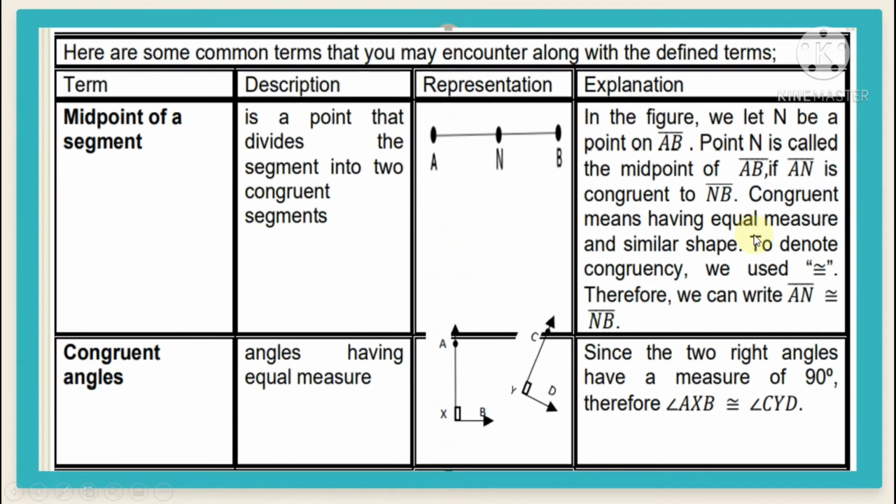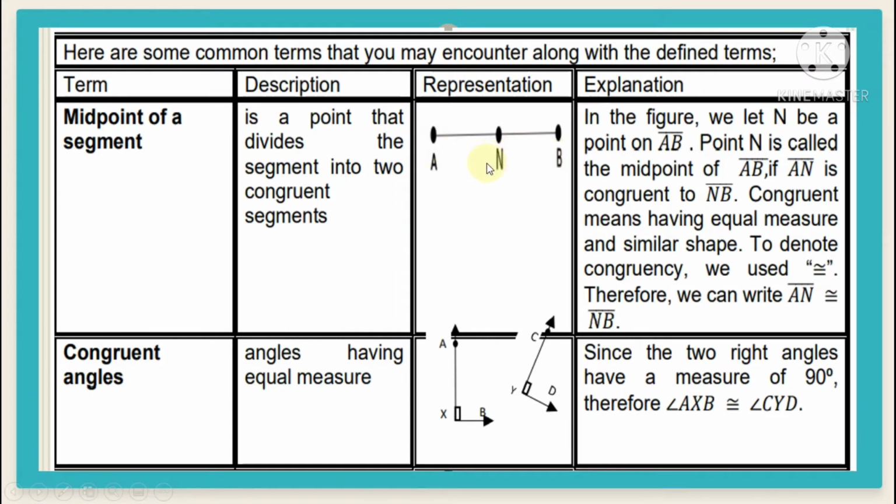Here are some common terms that you may encounter along with undefined terms. The midpoint of a segment is a point that divides the segment into two congruent segments. In the figure, we let N be a point on AB.